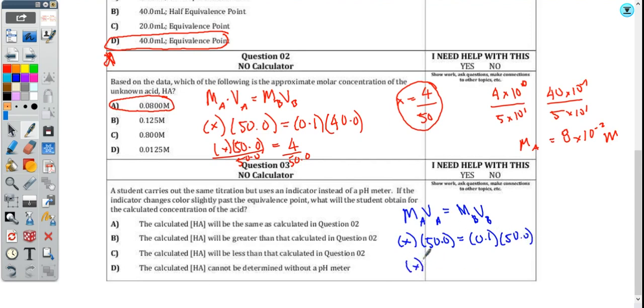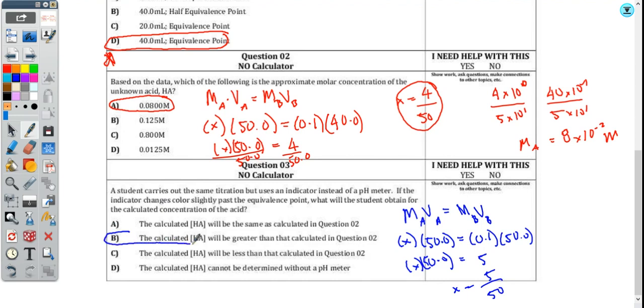Again, it's x times 50 is equal to now 5, right? So when you solve for x, it's 5 over 50. Even if you couldn't quite figure this out, recognize that 5 over 50 is going to be a calculated concentration that is larger than 4 over 50.